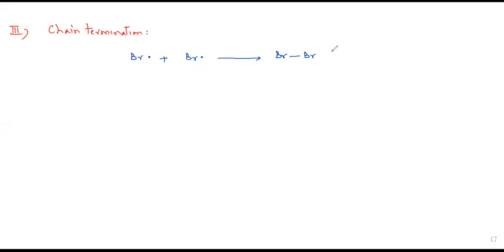Bromine, Br2 is what we get. Now, if the secondary free radical formed in the first step of the chain propagation combines with the bromine free radical, we also get this dihalo compound, right?